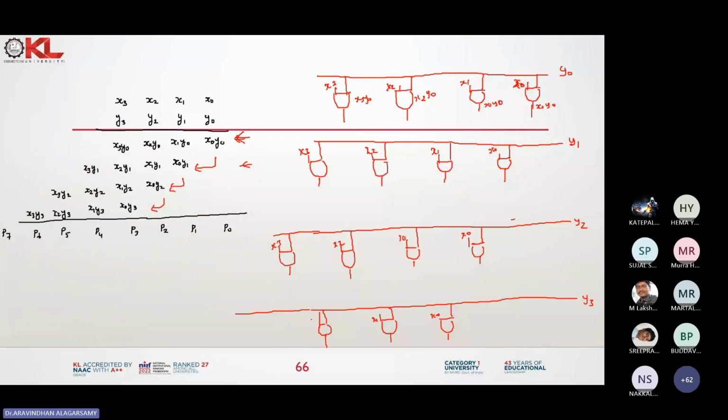Sorry for drawing the handicap like this. And this becomes x3. Where is my pen? Yeah, here is my pen.